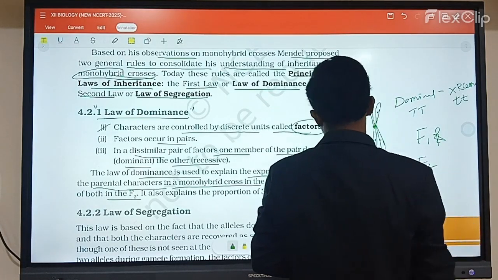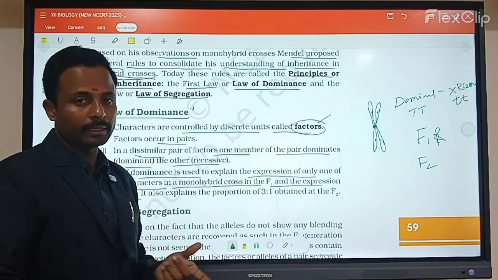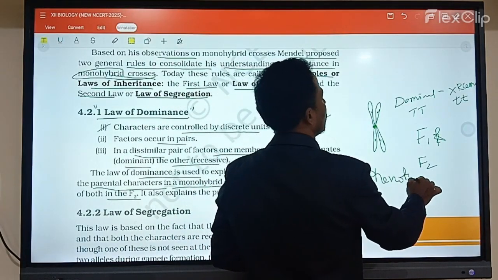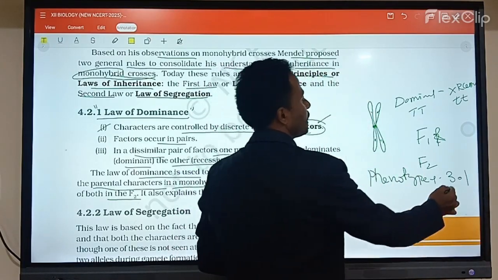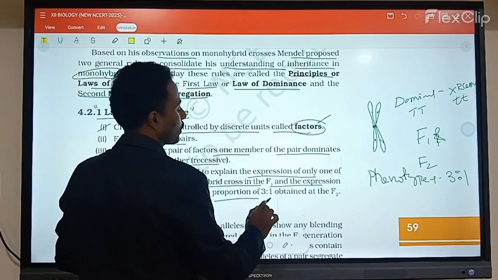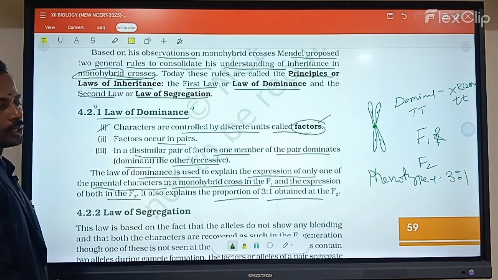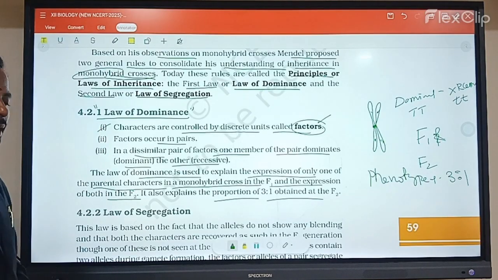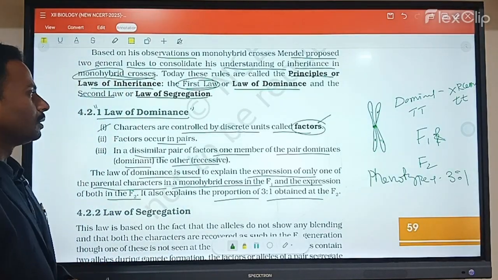The phenotypic ratio shown is 3:1. We also explain the proportion of 3:1 obtained in the F2 generation. So that is the phenotypic ratio in the law of dominance. This is the first law.